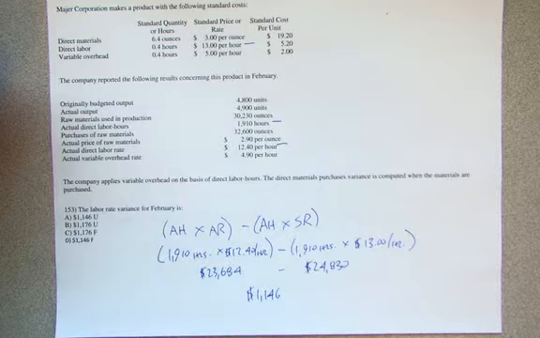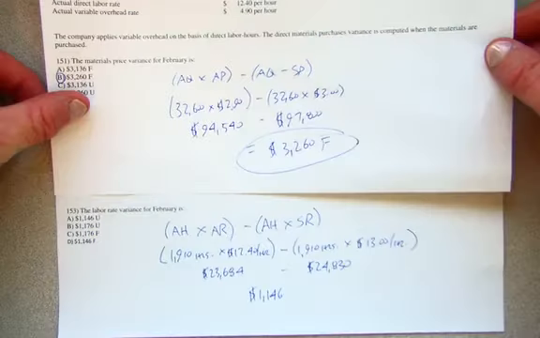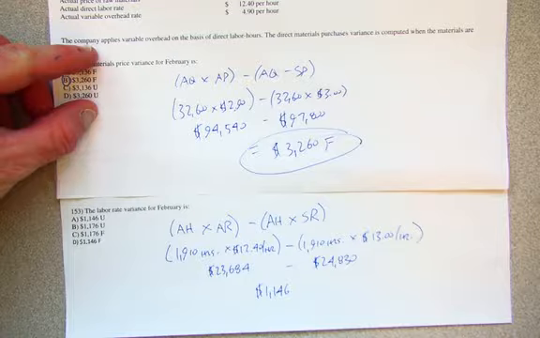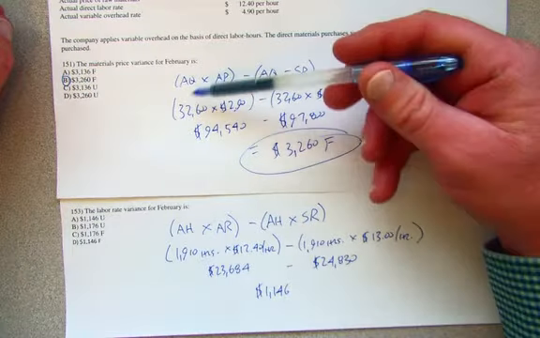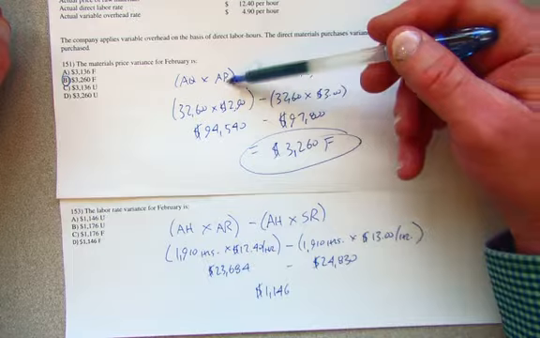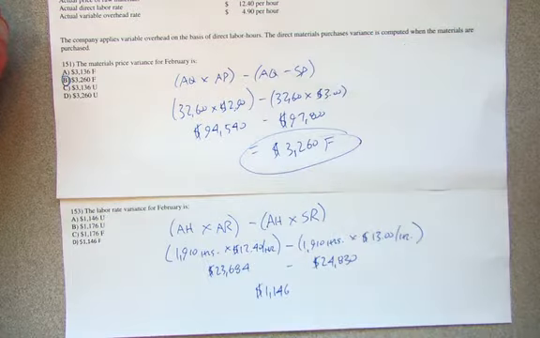The labor rate variance really is no different than the materials price variance. The structure of the formula is very similar. Here's your materials price variance. You can see actual quantity of materials, actual quantity of hours, actual price per ounce, actual rate per hour of labor.